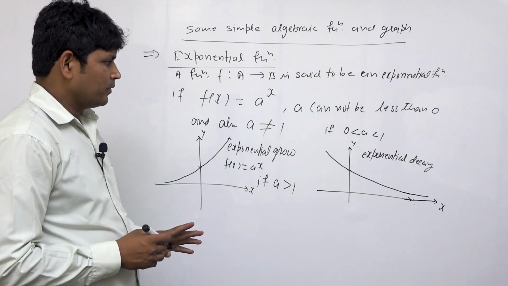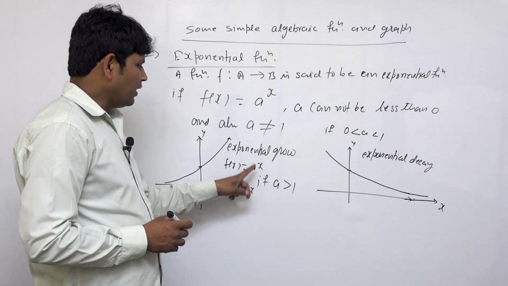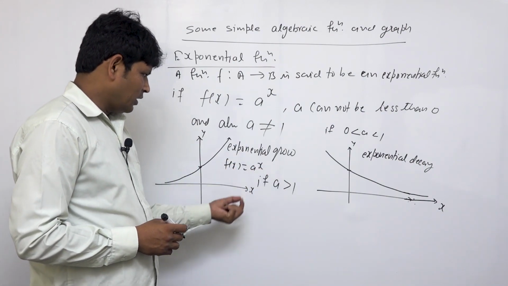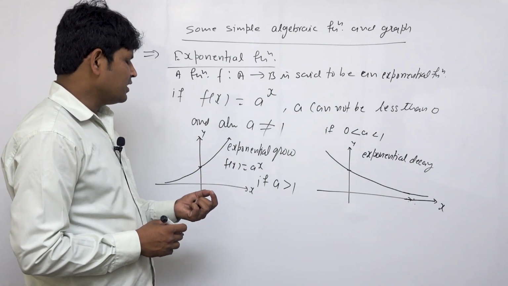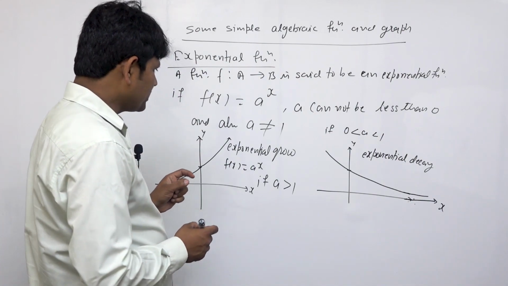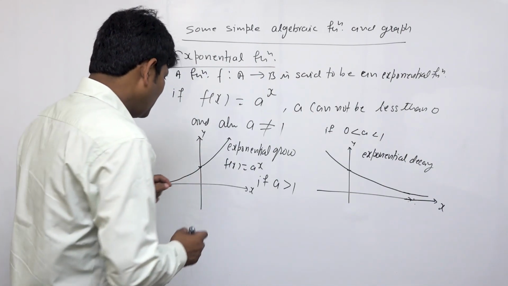Now the value of a can be any number greater than 1, even a decimal or any integer value. But in the exponential function, there is one special number, called e.